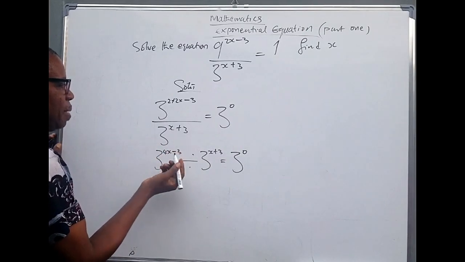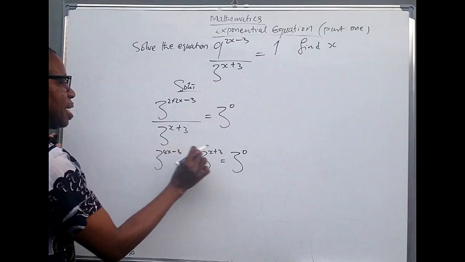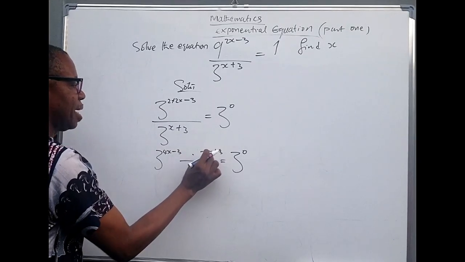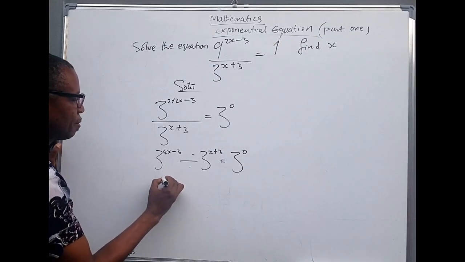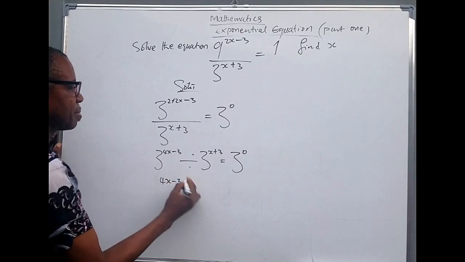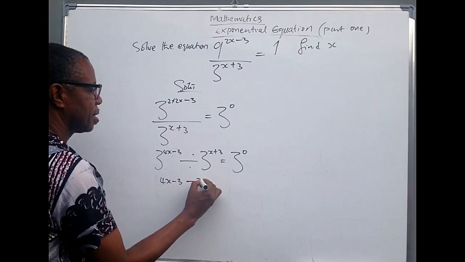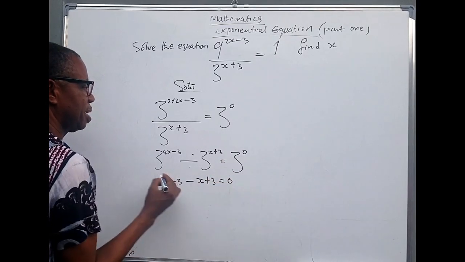So I will eliminate the 3 because I have a letter here which I'm going to find the value. I'm asked to find the value of this x, this alphabet x. So I'll have 4x minus 3. The division sign now becomes minus x plus 3 is equal to 0.